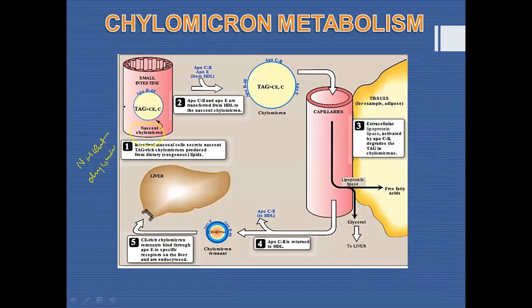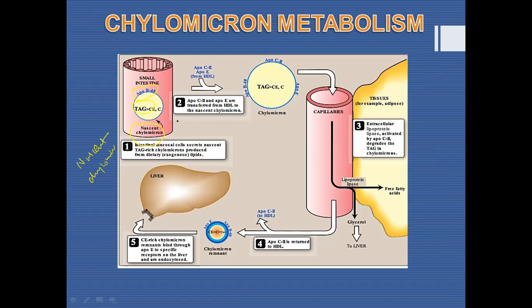So the nascent chylomicron will have ApoB48 and triacylglycerol, mainly in the form of lipid composition. Along with that, it will have cholesterol esters and some amount of free cholesterol. Okay, so this is the first part in the synthesis of chylomicron or chylomicron metabolism.